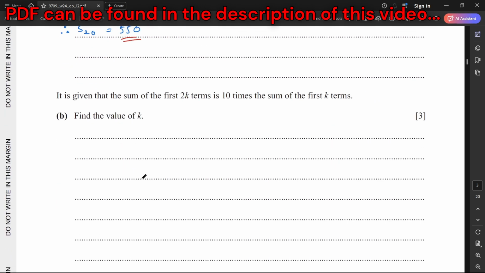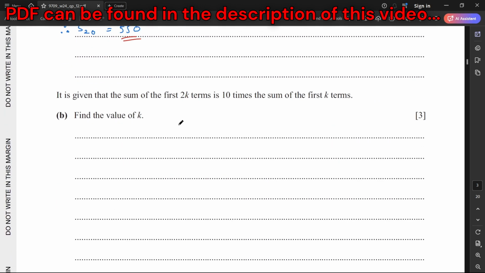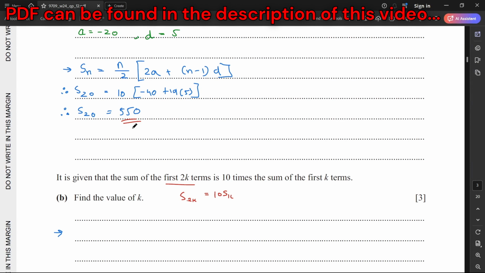Now for the second part, it is given that the sum of the first 2k terms is 10 times the sum of the first k terms. So for this, I can write the equation. For 2k, in place of n, I'll just replace 2k, everything else is just the same.